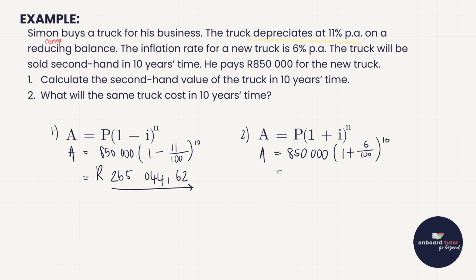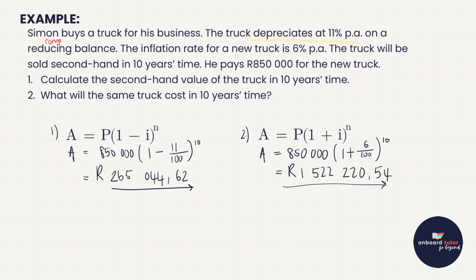We still have the 10 years in our formula, but the interest rate changes to 6%, and it's no longer the subtraction formula, it's the addition formula. So there, I've retyped it, and we are looking at exorbitant amounts of money here. This same truck in 10 years' time is going to cost us more than 1.5 million Rand.